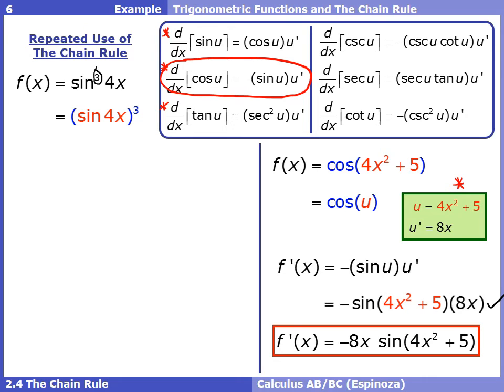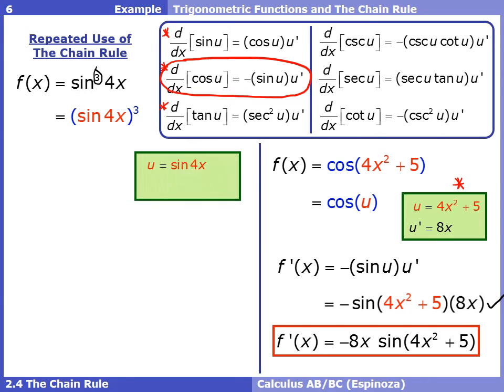A better way to rewrite these trig functions, if they are to a power, is with parentheses. So that's what I'm going to do. Sine 4x to the third power. So we have a function which is sine 4x inside of another function which is a power of 3.